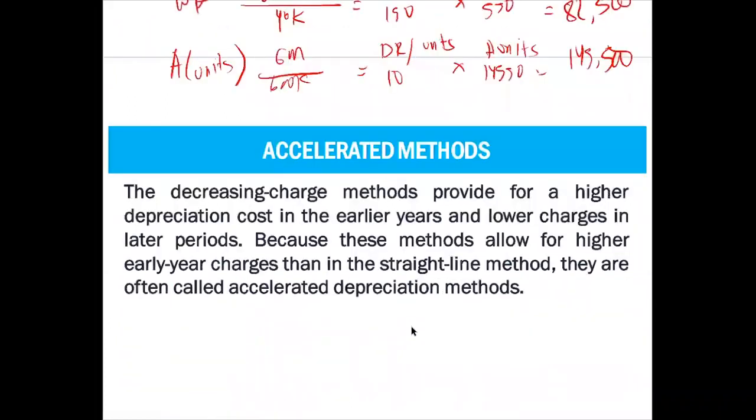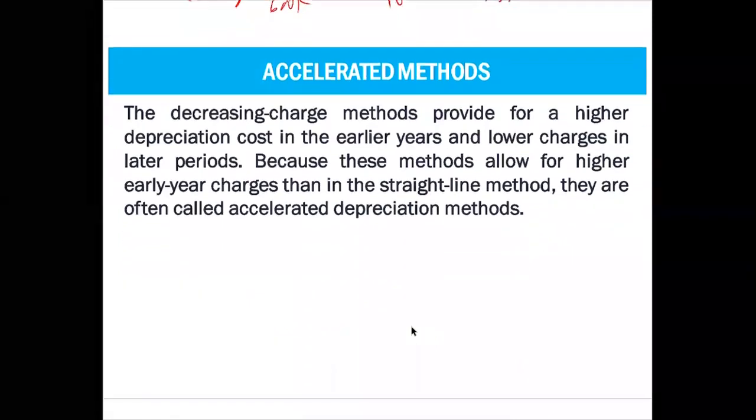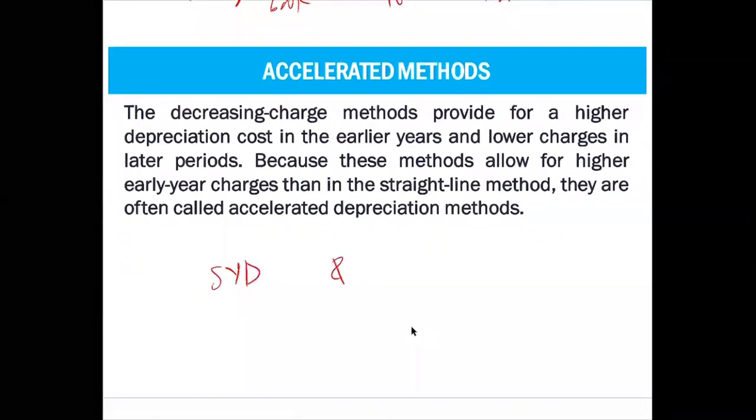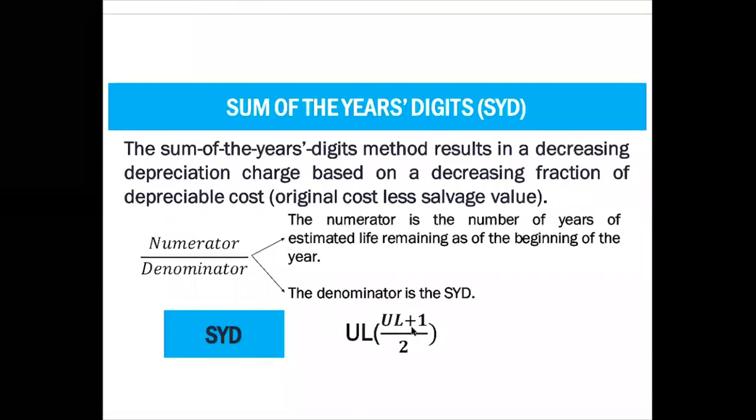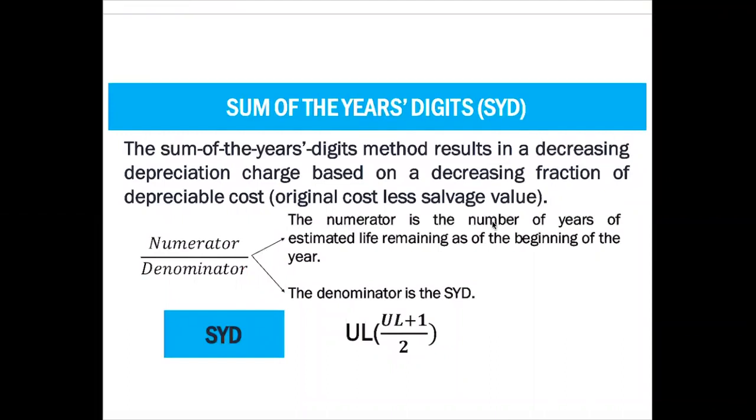Okay, we go now to your accelerated methods. So for your accelerated methods, again, we have your sum of the year's digits and your, what do we call this one? Your declining balance. So we start with your sum of the year's digits. For your sum of the year's digits, we really compute for your sum of the years. So itotal natin lahat ng sum of the years. But how do we compute for your sum of the years? That is your useful life multiplied by useful life plus 1 divided by 2.